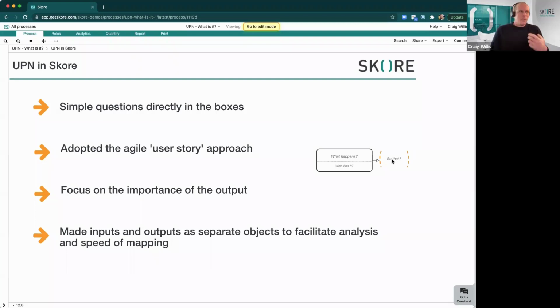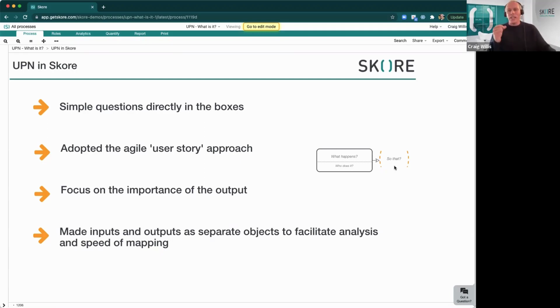We also wanted to focus on the value, or the importance, of that output. Using some of the other tools and techniques, as I mentioned with BPMN and EPC on the previous slide, there's no enforcement for people to put an output for a given activity.